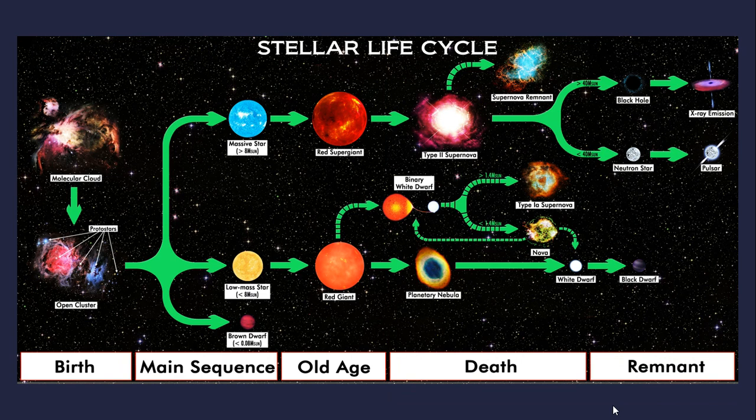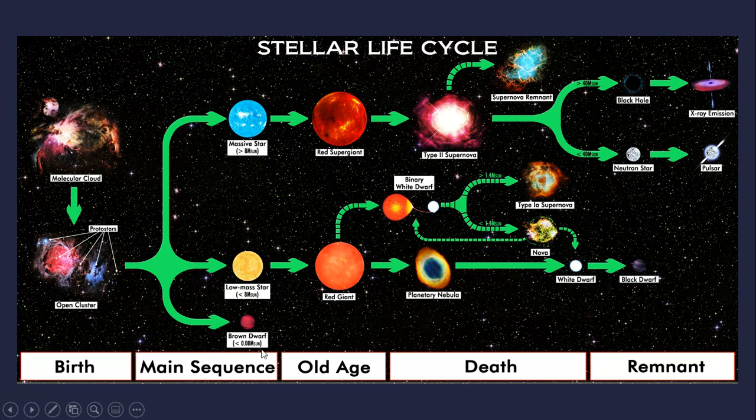And finally, I wanted to show you this diagram here. It just shows the life cycles of different stars, and this one is a lot more complicated than what we just went over. You don't need to worry about knowing all of these little bits and pieces, okay? Just the ones I showed you. But you'll see there are stars that are even smaller than our sun, and they won't even make it to this main sequence.